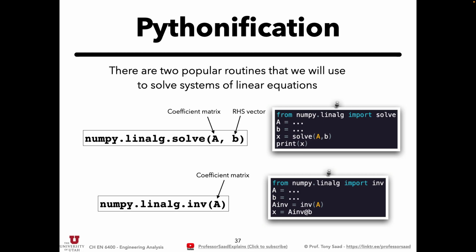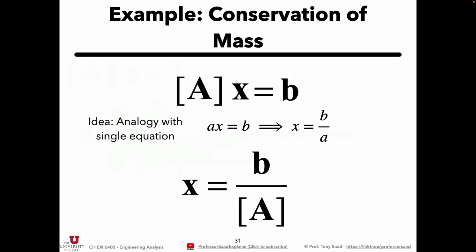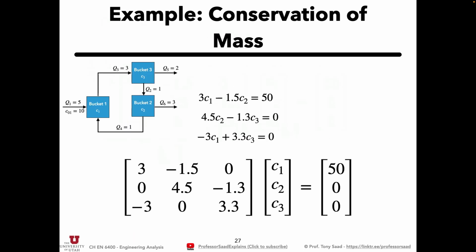Now, when would it be advantageous to use this method over this method? Suppose I go back to this example here, okay?